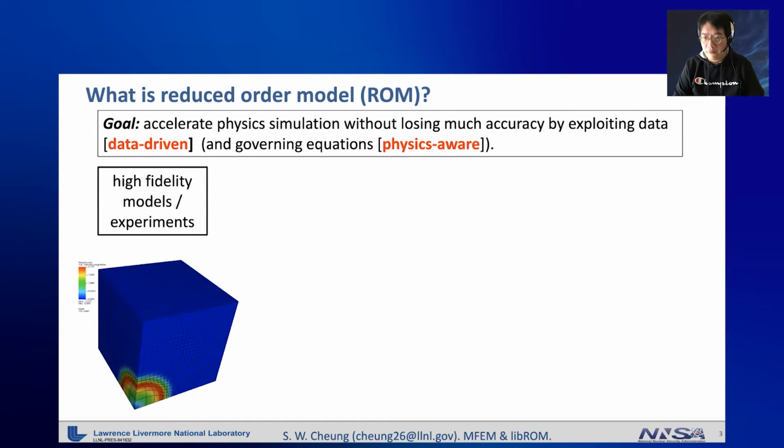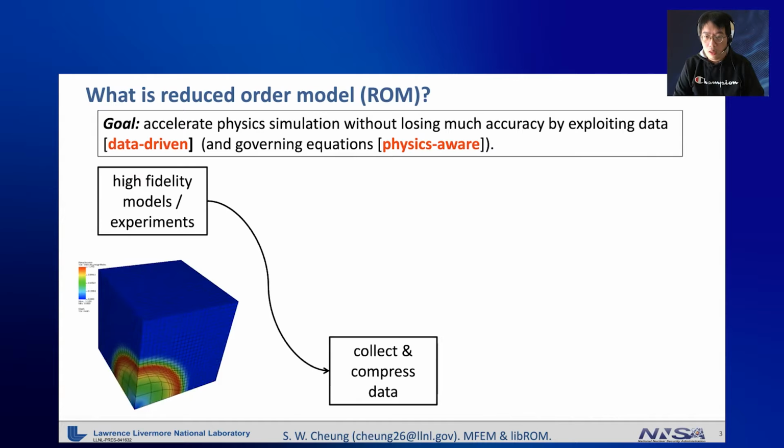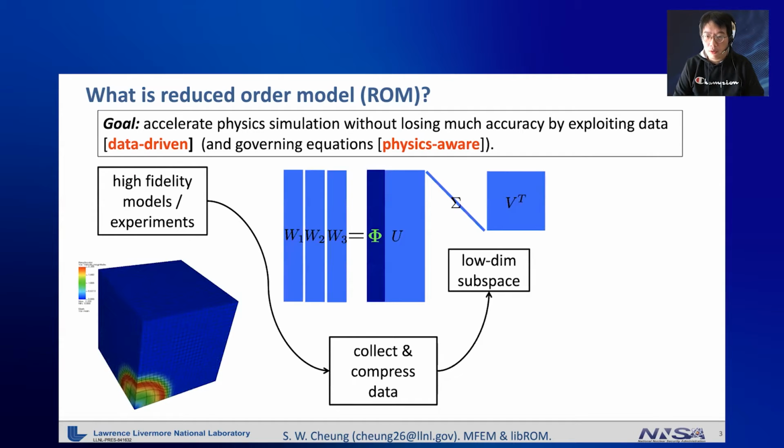Suppose we have a high-fidelity model or experiments with different scenarios, such as varying design parameters or uncertainties. It will be, in general, expensive to simulate or carry out these experiments in a multi-query application. So we will collect this solution data as some representative scenarios as snapshots, and we will compress this data, which results in some low-dimensional structure for representing the solution manifold.